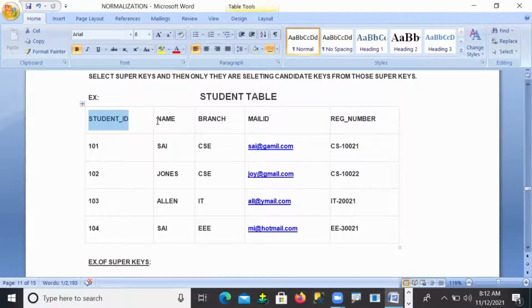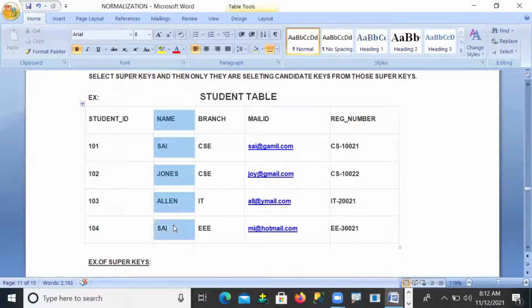Now come to the next column. Name is there. Can I say the name column is a super key column?